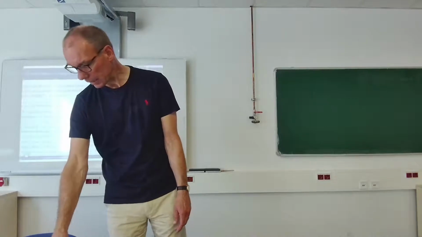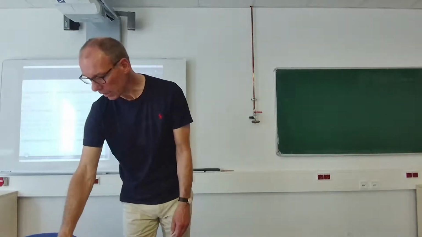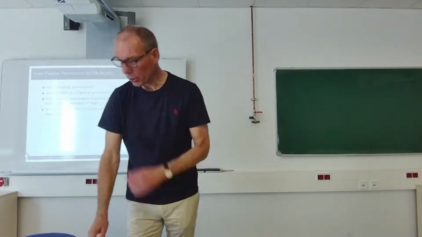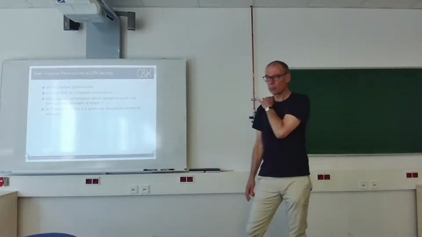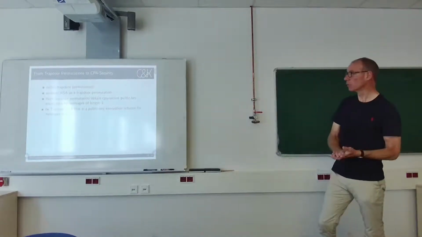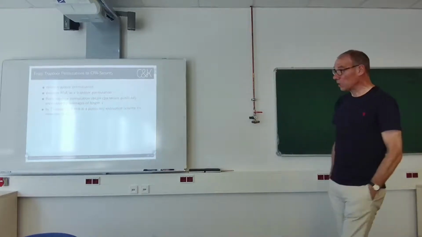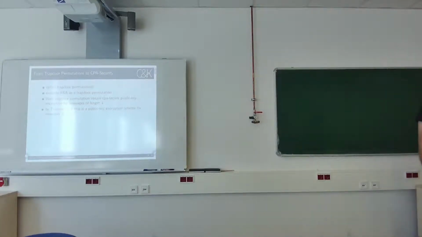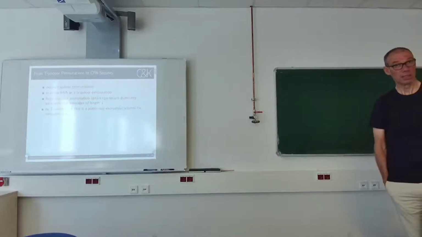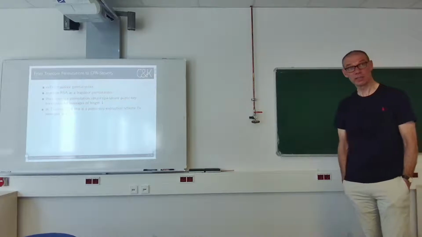As I said, we do that using so-called trapdoor permutations. And we first want to achieve CPA security. One example for a trapdoor permutation is RSA. We are not going to use RSA as an encryption scheme itself, which as such is not secure; it would be deterministic in the textbook version.